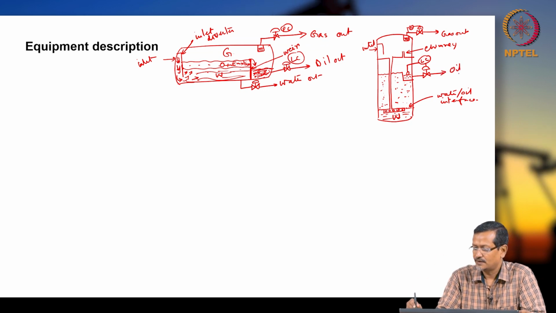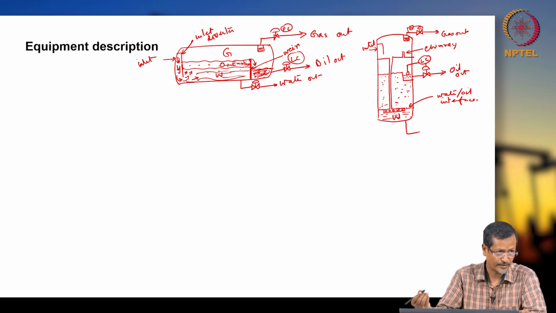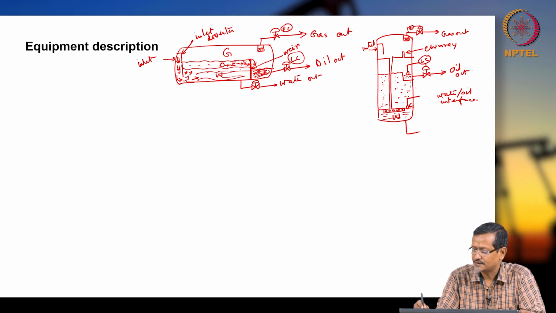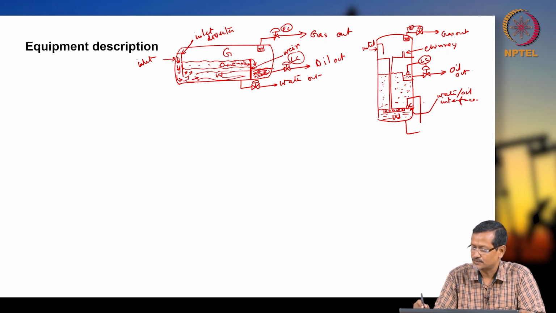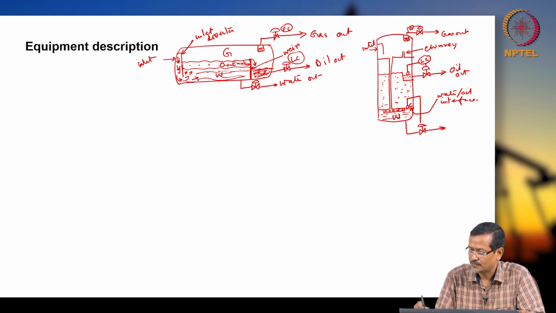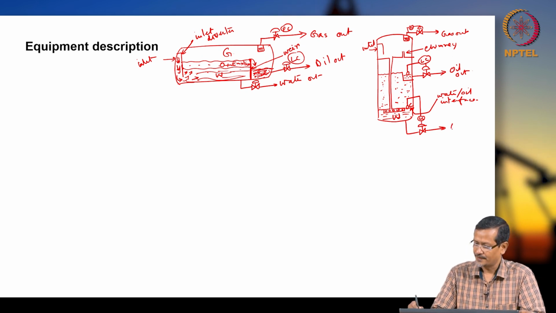Okay, so oil out, and for water again we will create one level controller here, right. Level control will go like this, water oil interface. Okay, level control will go like this, just wait. Okay, no issues. Then the dump valve is controlled by this, and I will have one LC, level controller, controlling the dump valve. Okay, this is water out.